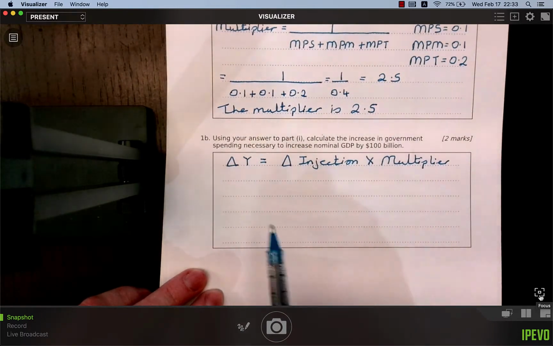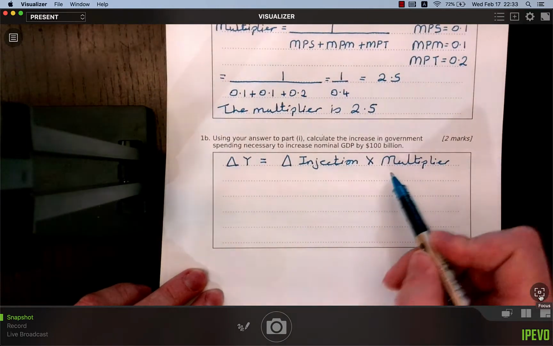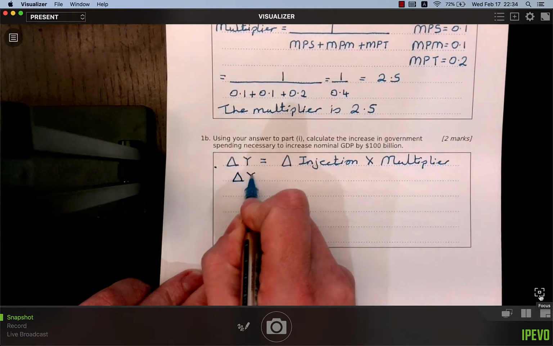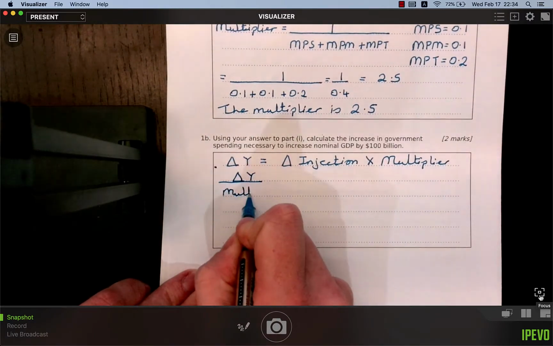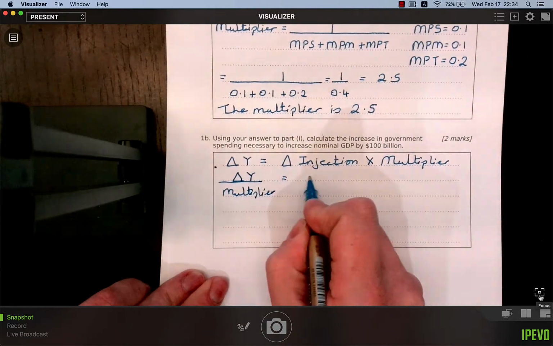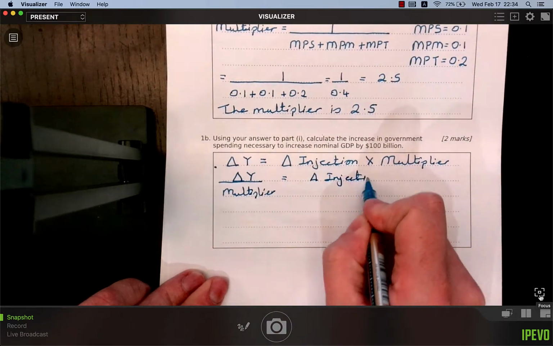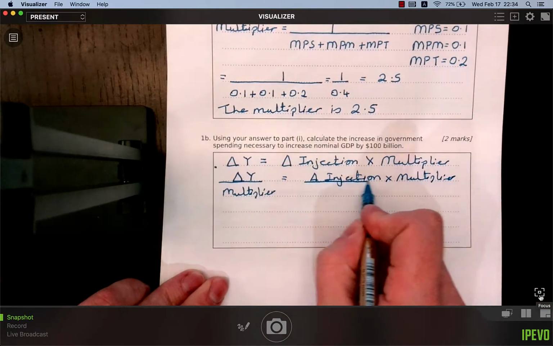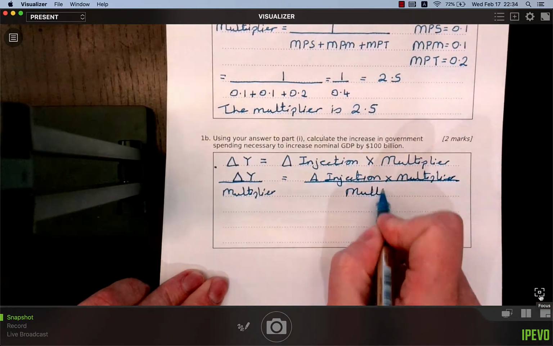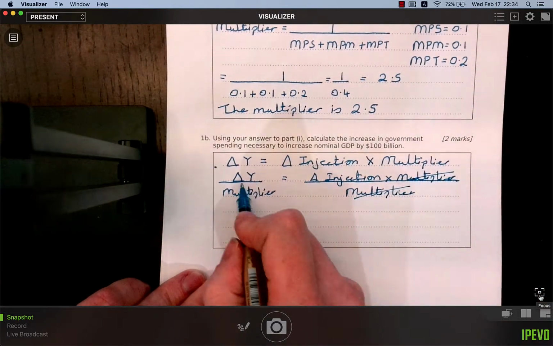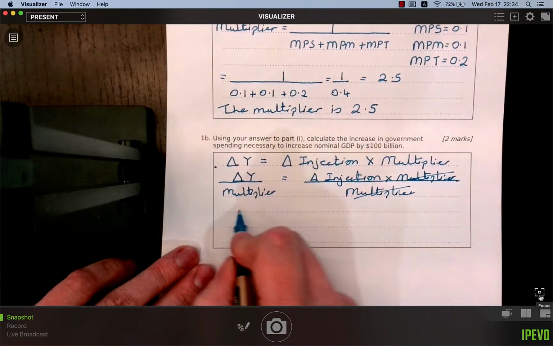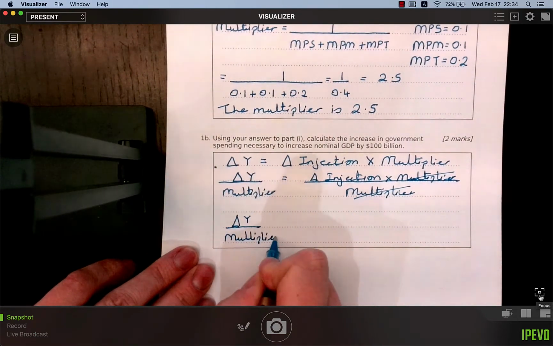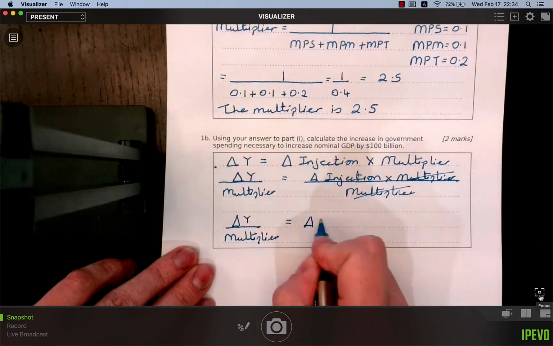If I divide both sides by the multiplier, it cancels. So the change in injection divided by the multiplier equals the change in government spending required.